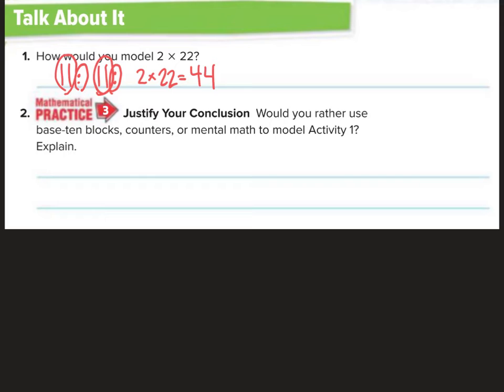Would you rather use base 10 blocks, counters, or mental math to model activity 1? Explain. I kind of like using drawing base 10 blocks. It's kind of fun, so that's what I'm going to choose. You might say I'd choose a different one. Drawing base 10 blocks.